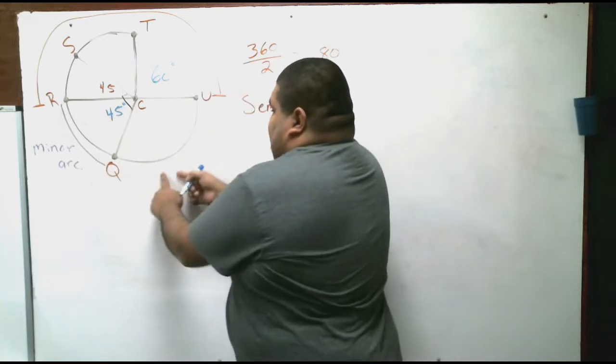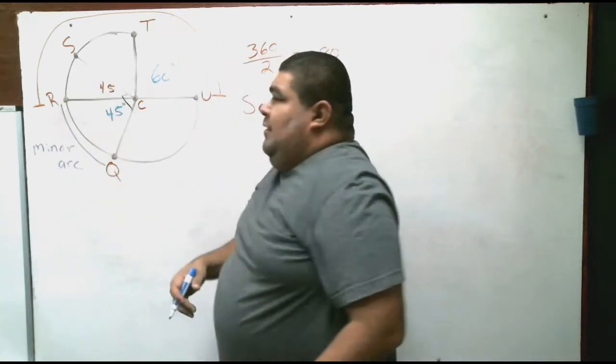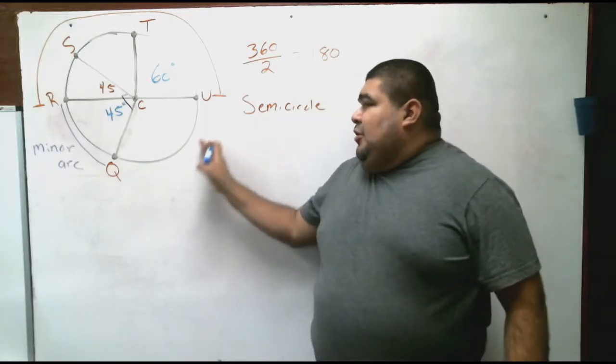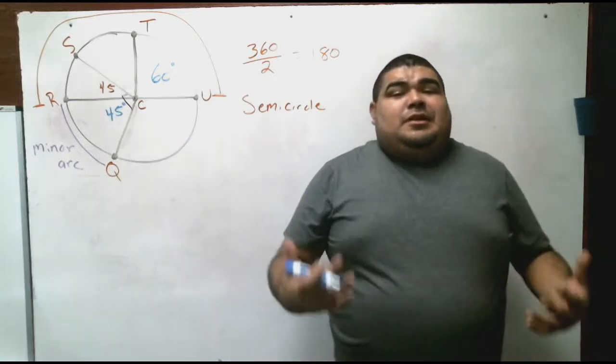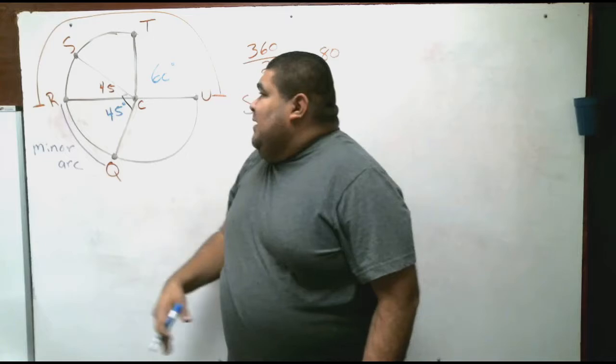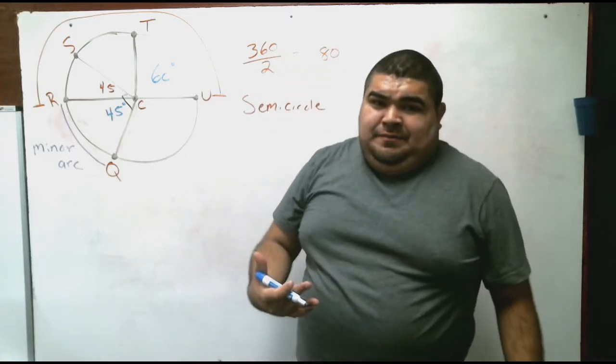Not this piece here, but everything else around. It's more than 90, less than the whole circle, because you didn't count U. It's called a major arc, okay? Even if you only went from U to T to S, that is already more than 90 degrees, okay?